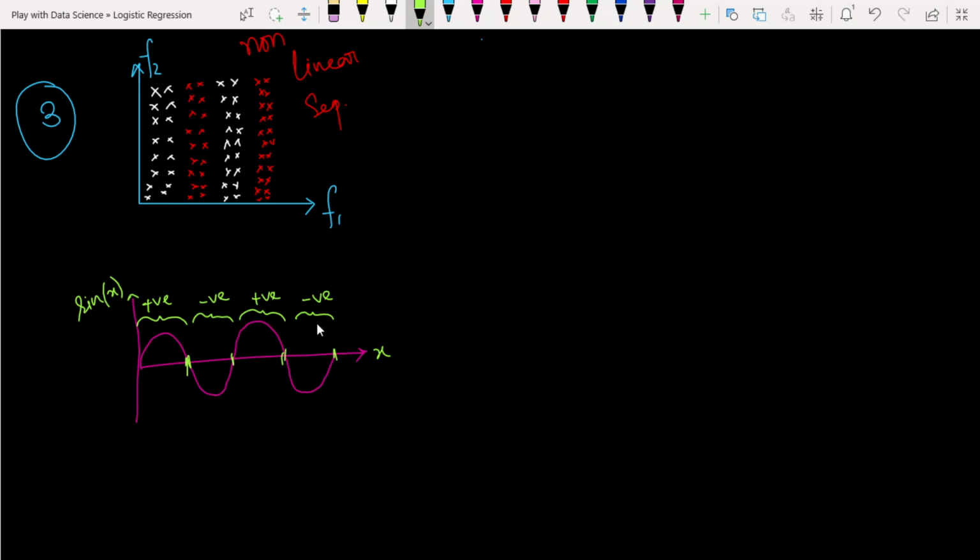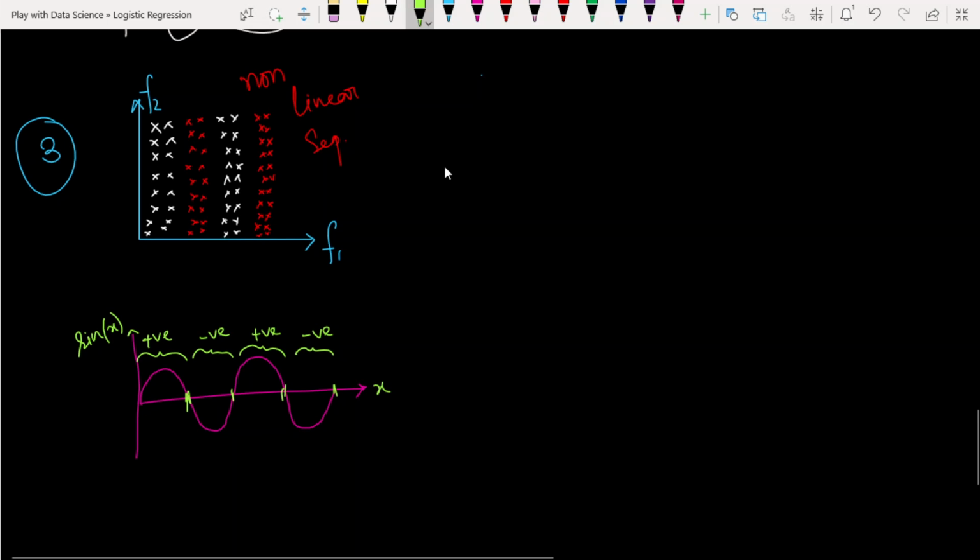Now we have to use feature engineering, or feature transformation, to separate this data linearly. Which kind of feature transformation are we using?